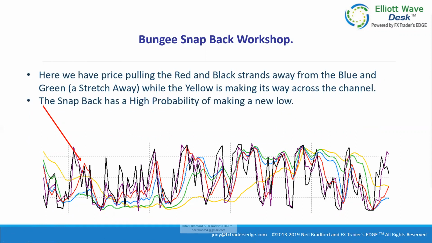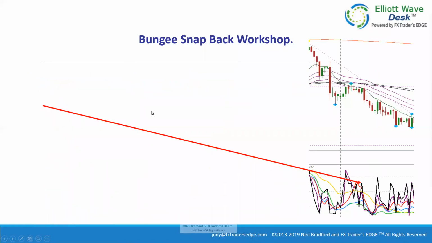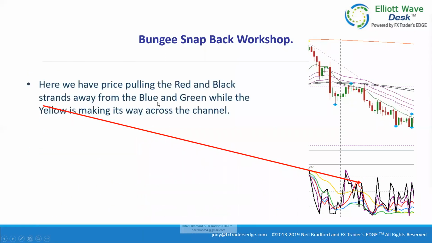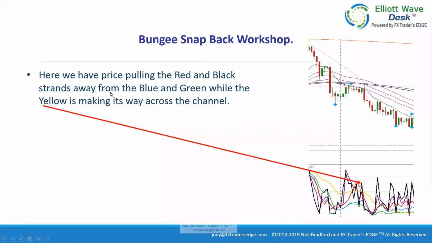And this snapback has a very high probability of making a new extreme for two reasons. So there's the black and the red being pulled away by this move up in price. And then price turns down again and they rejoin the blue and the green.